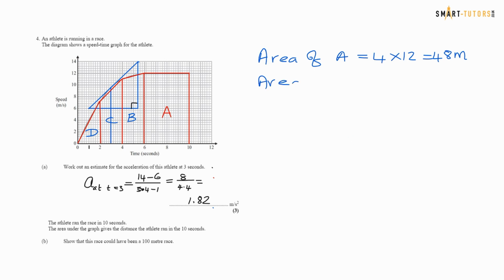Area of B is a trapezium, so half, this is 12 plus this is going to be, 10 to 12 is 2. Within the 1, 2, 3, 4, 5, 0.4 is 1 box, isn't it? So here is 10, 1, 2, 3. So 3 means 1.2.